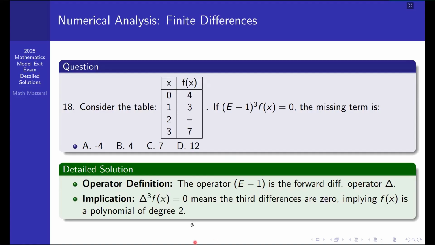Therefore, the implication is that the third difference of f of x equal to 0 means the third differences are 0, implying that f of x is a polynomial of degree less than 3, because the coefficient of the term with the third power is already 0. Therefore there is no term containing the power of 3, so the maximum degree of this polynomial function is 2, so it is a polynomial function of degree 2.